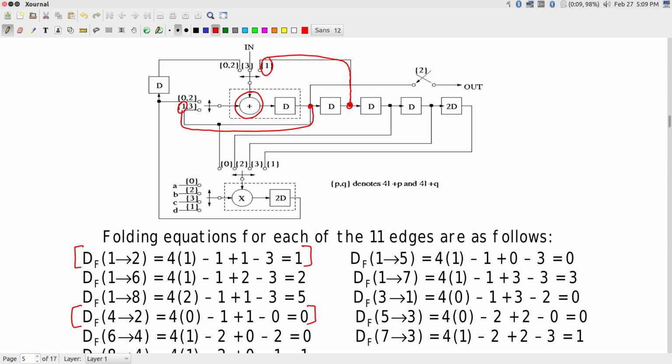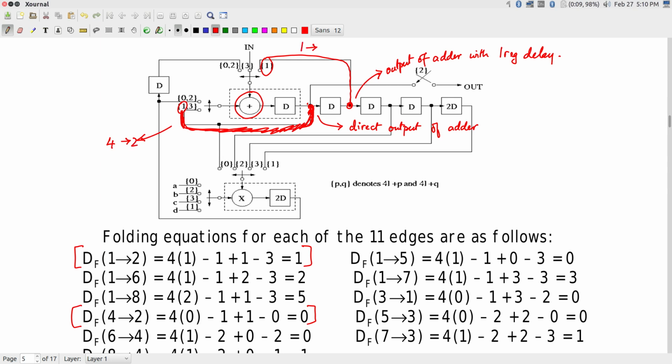Okay, that is what this corresponds to, this line out here. Okay, this is the output of adder. This is output of adder with 1 register delay. Right? So in other words, this corresponds to the edge from 4 to 2, and this corresponds to the edge from 1 to 2.